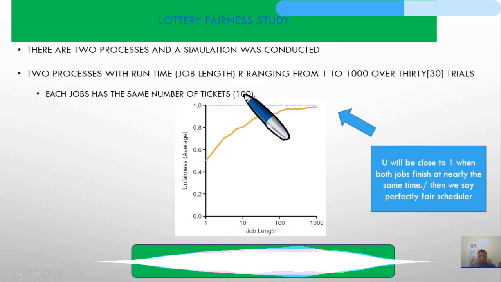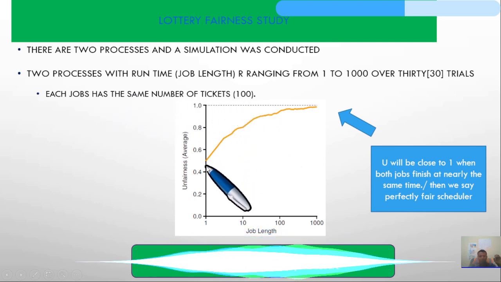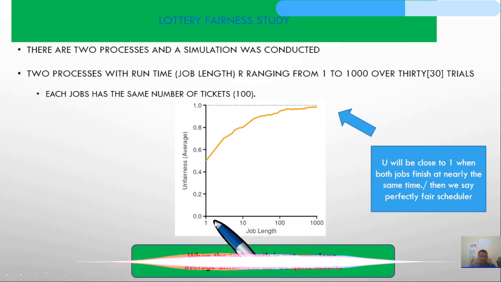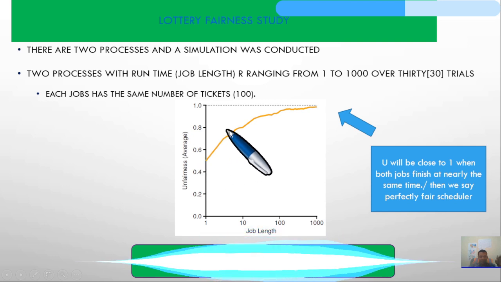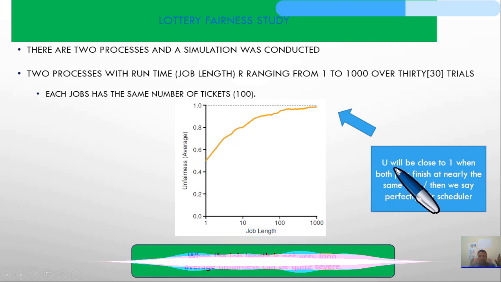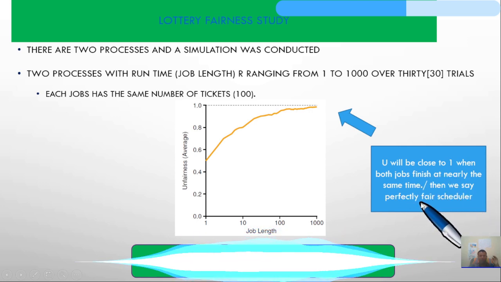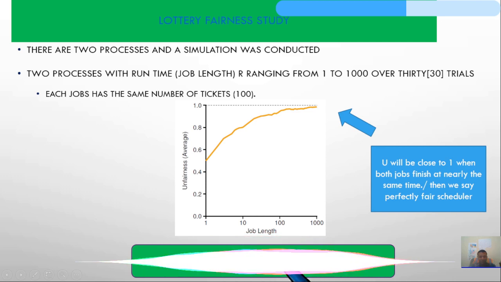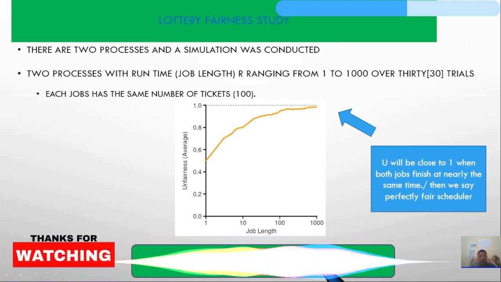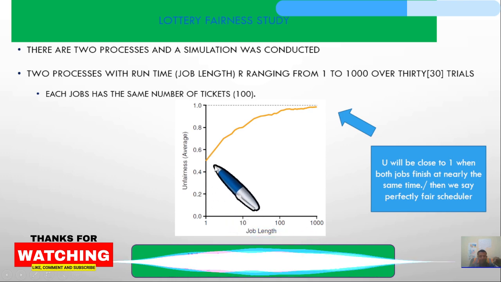100 was assigned. What happens, as you can see, is that if the job length is smaller, then the unfairness is very bad. You will be close to 1 when both jobs finish at nearly the same time, then we say it is a perfectly fair scheduler. So when the job length is not very long, average unfairness can be quite severe.